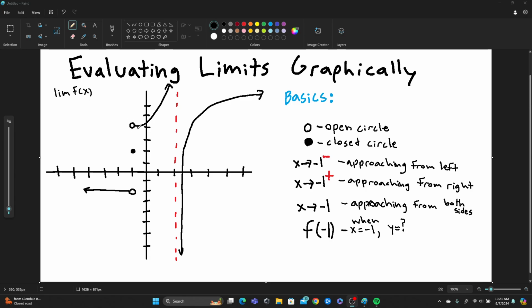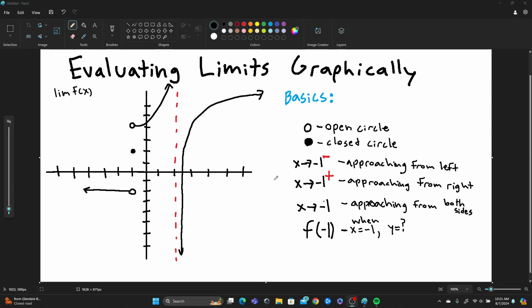Even though it's an open circle and there's no point here, we're still getting closer and closer to this open circle, which is at y equals 4. So as x approaches -1 from the right side, we're getting closer and closer to the y value of 4, even though we're not reaching it because it doesn't exist.